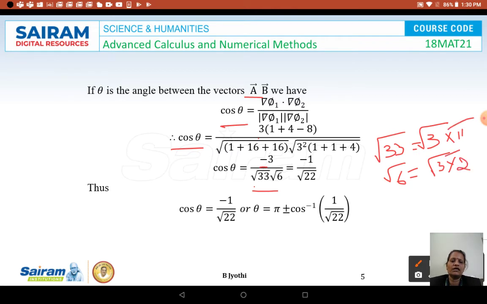In the denominator we have root 3 and root 3 that cancel with the numerator 3, and we are left with root of 11 into 2, that gives root of 22. Therefore cos theta is equal to minus 1 upon root 22, or theta can be written as pi minus cos inverse of 1 upon root 22.